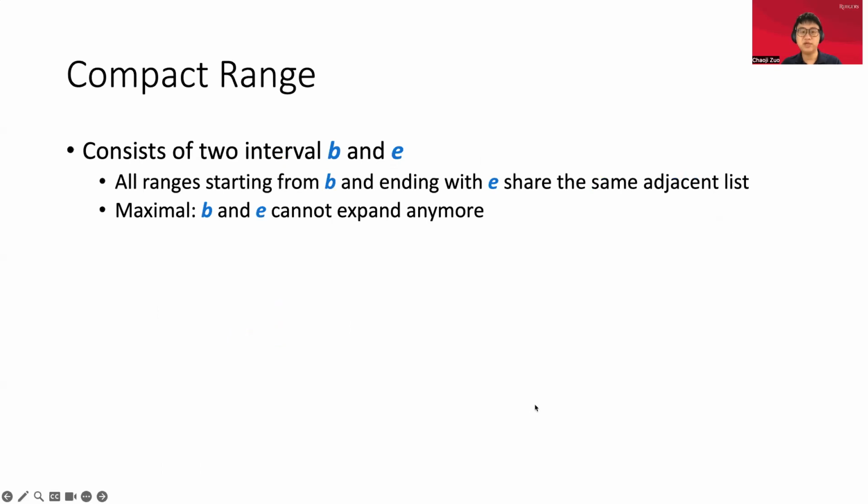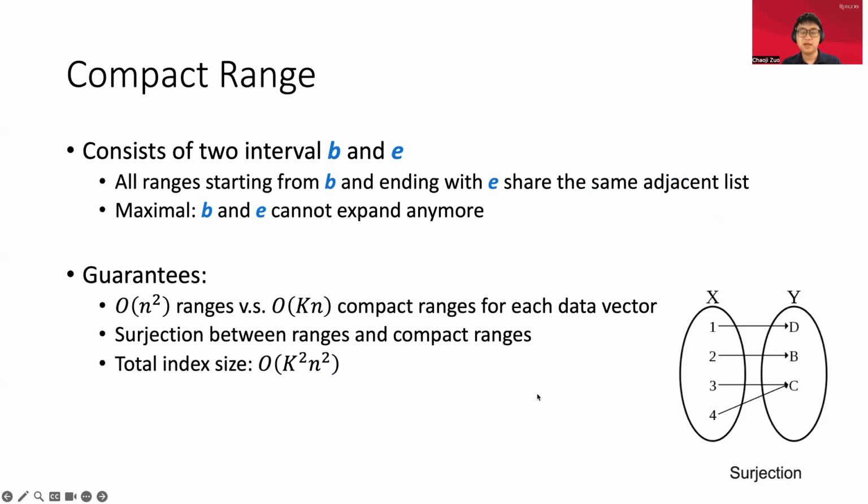It will consist of two intervals, B and E. And all ranges starting from B and ending with E will share the same adjacent list. And we make sure this B and E is the maximum, which means they cannot expand anymore. And we have a guarantee that using just Kn compact ranges can represent all the n-square ranges for each data vector, because there exists a subtraction relationship between the ranges and the compact ranges. And now the total index size will be K squared n squared.